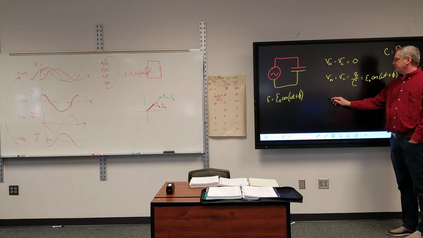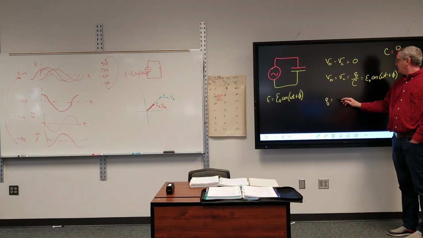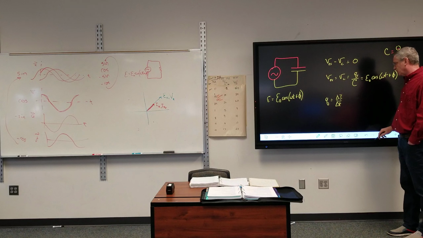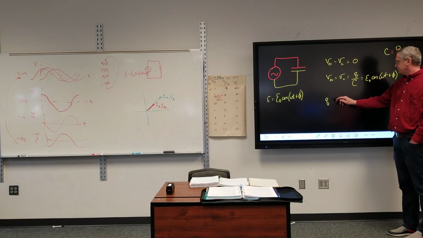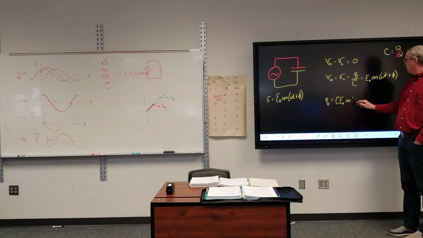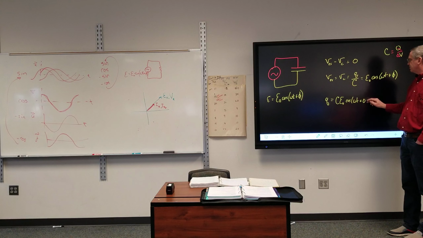So my charge, which is the change in current over the change in time. Nope, that is wrong. Let me back up. Let's keep it like this. It is equal to C, big C, epsilon sub naught, cosine omega t plus phi.